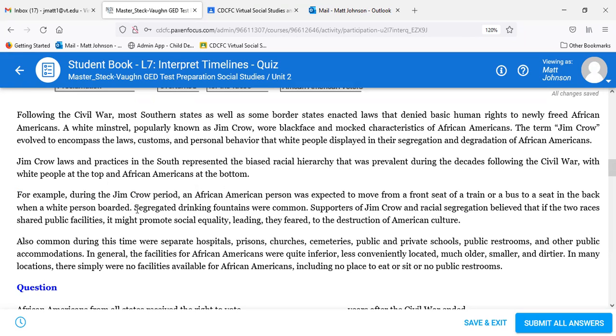Segregated drinking fountains were common. Supporters of Jim Crow and segregation believed that if the two races shared public facilities, it might promote social inequality, leading, they feared, to the destruction of American culture.